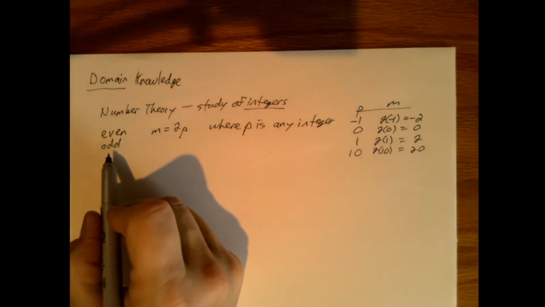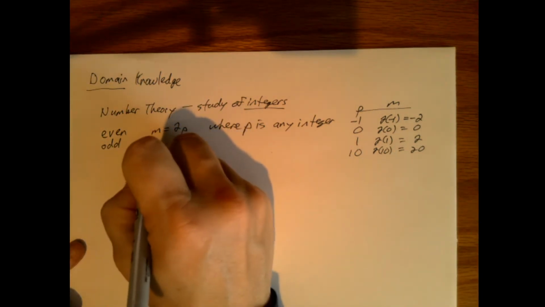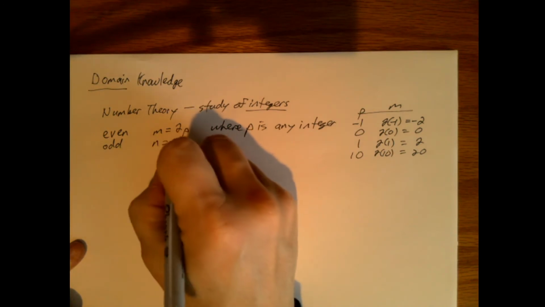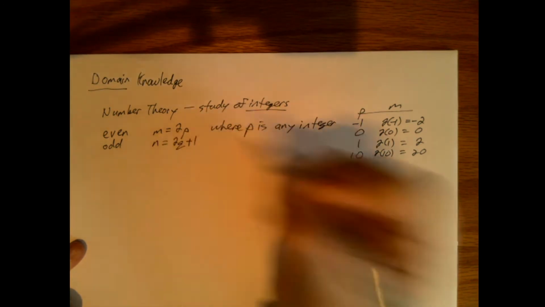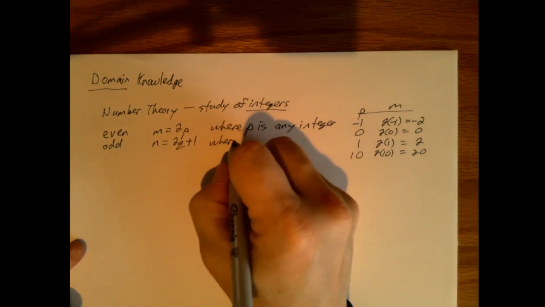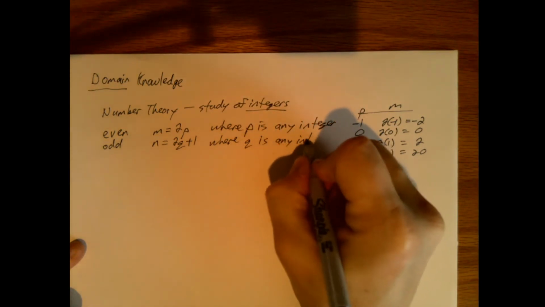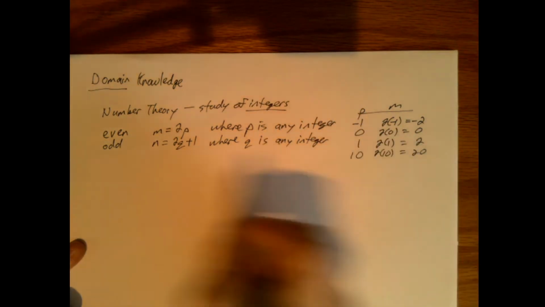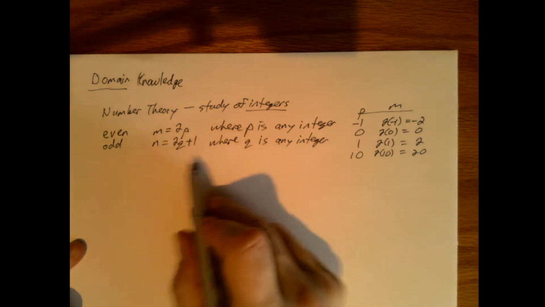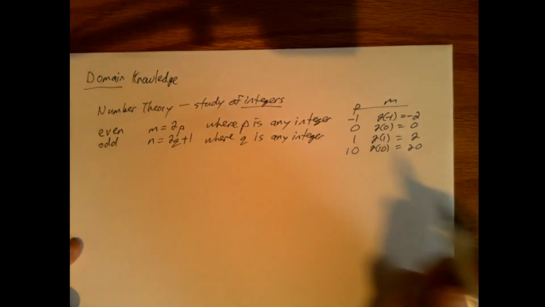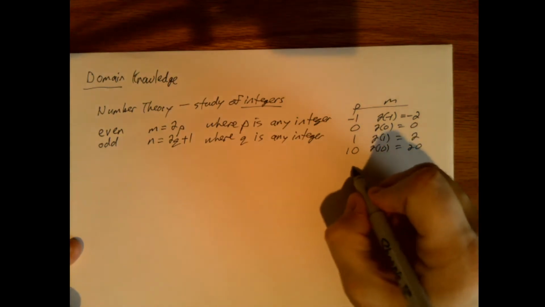An integer is odd if it can be written as 2 times q plus 1, where q is any integer. All right, so n is an odd integer if it can be written this way. Let's do this now.